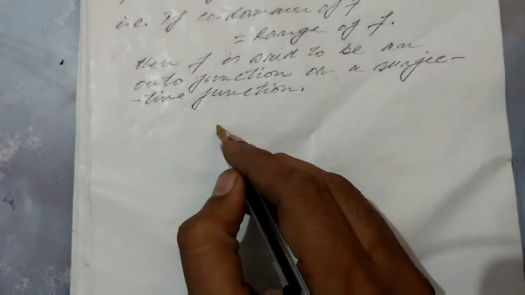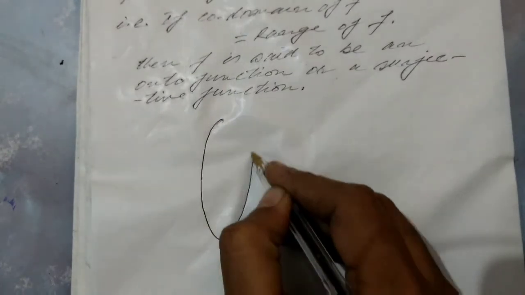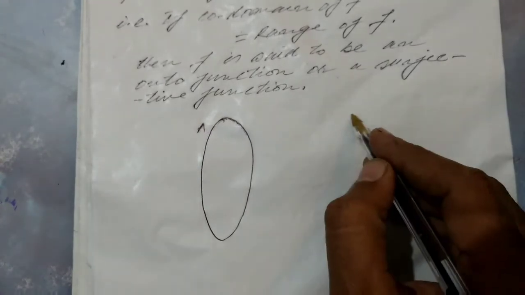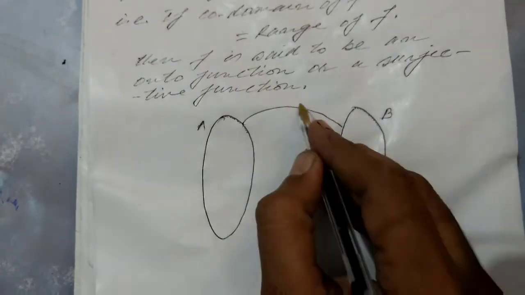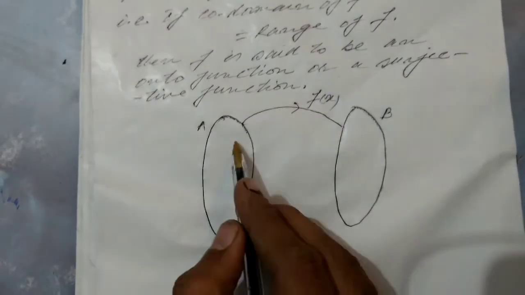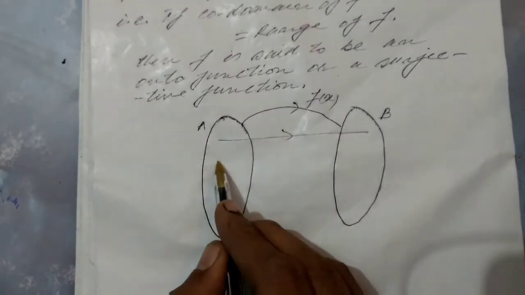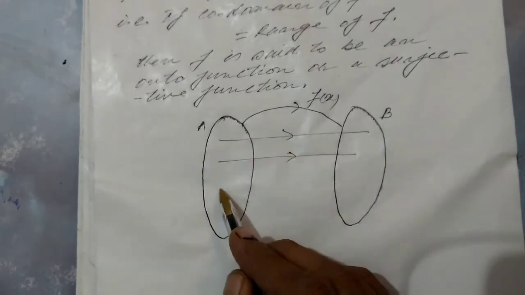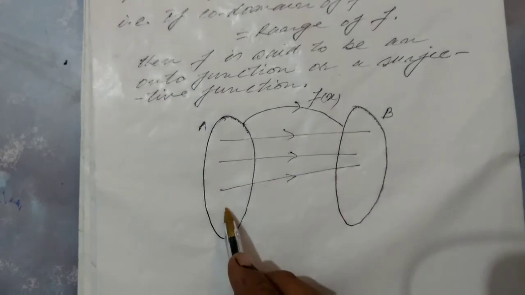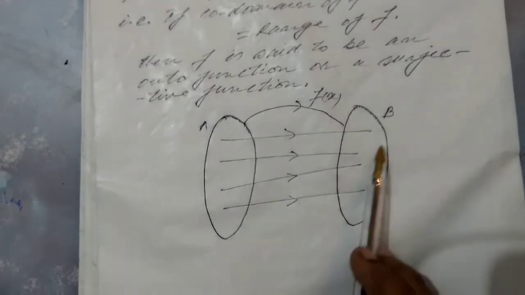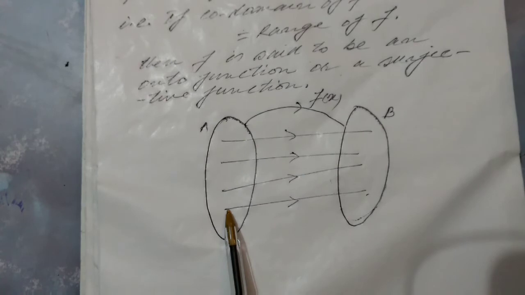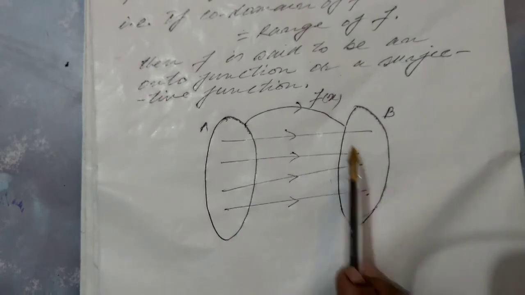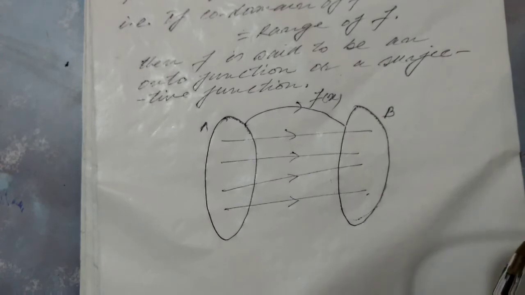So diagrammatically, suppose this is domain and this is codomain of a function f(x), and these are the associated elements of domain and codomain, and there is no element in codomain which has no pre-image in domain A, then f(x) is said to be an onto function.